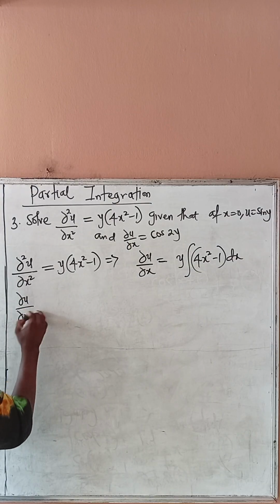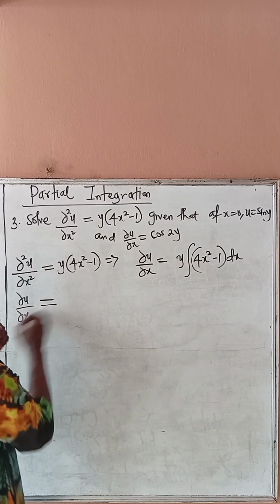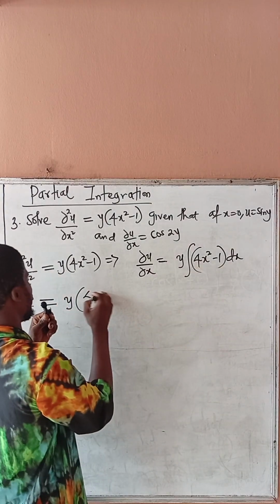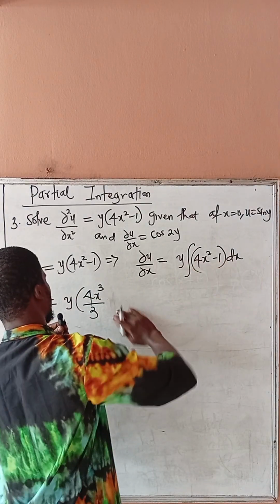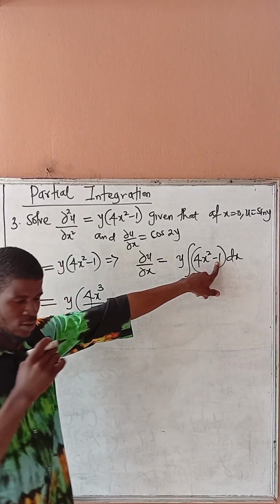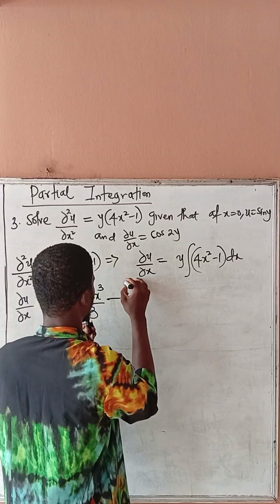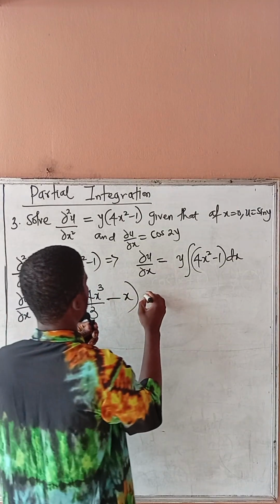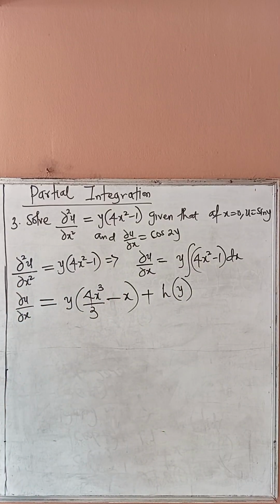Partial u partial x, which is the partial derivative of u with respect to x, is equal to y into, integrate this, it will be 4x cubed over 3 minus, integrate 1 with respect to x is going to be x. Since we considered y as the constant, it means that I'll be adding a function of y. I'm using h of y. So what will be h of y?